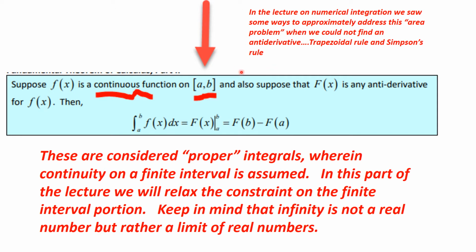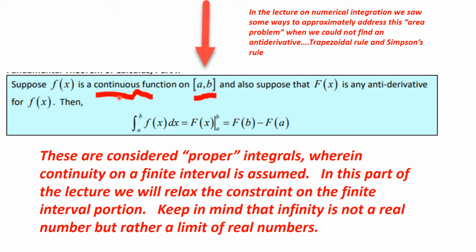Now, mathematicians would think about what happens if we relax some of these conditions. In the lecture on numerical integration, we saw some ways to approximately address the area problem when we could not find an antiderivative. Those were Simpson's rule and the trapezoidal rule.